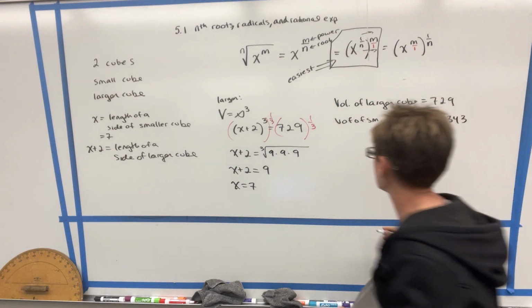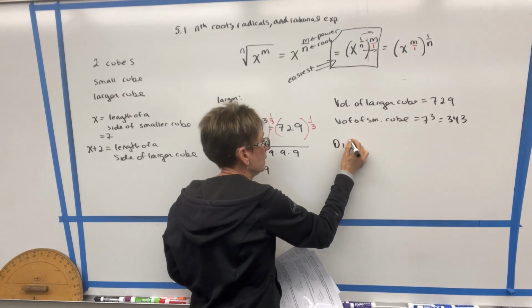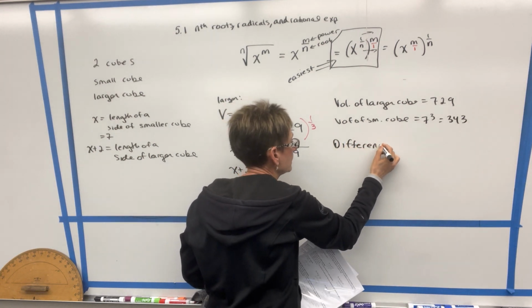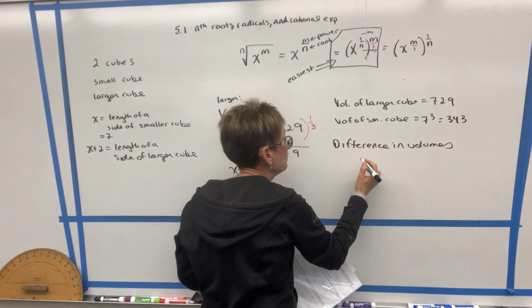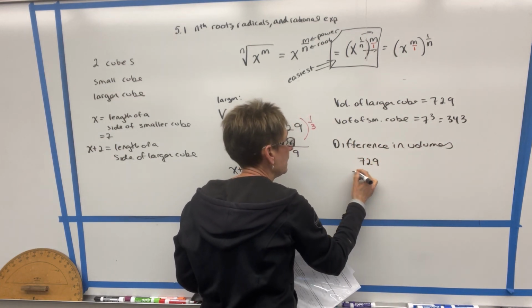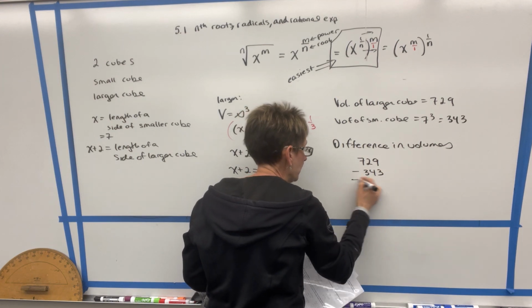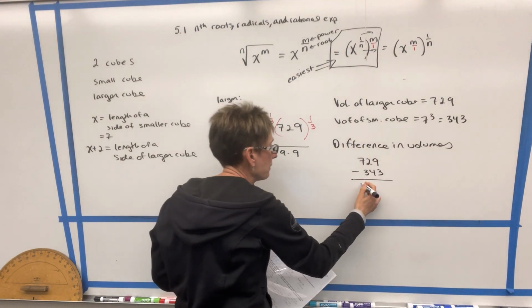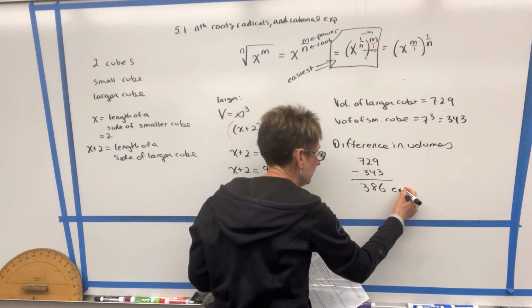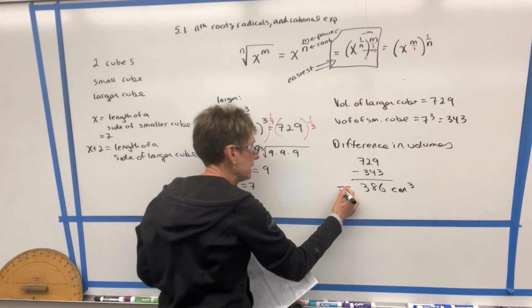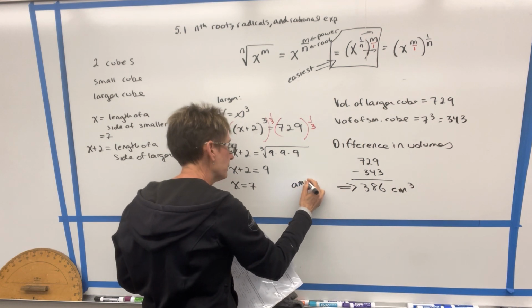So the difference in the volumes would be 729 minus 343, which would be 386. And this is in cubic centimeters. So that would be the amount of water that would spill.